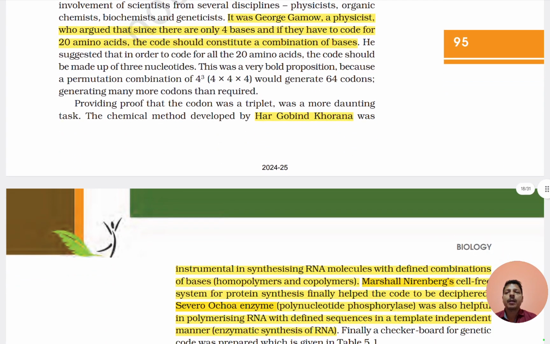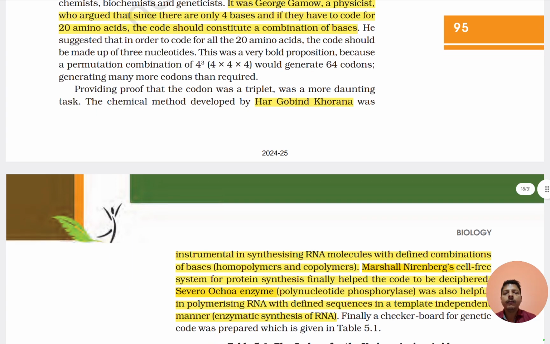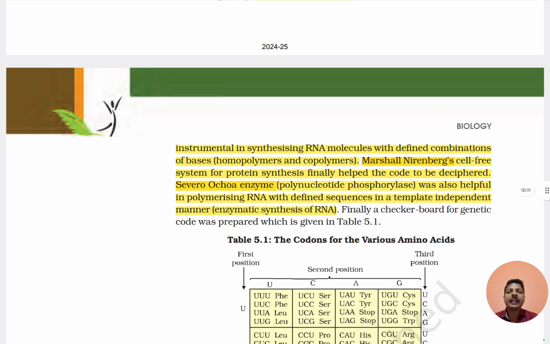Providing proof that the codon was triplet, the scientist Har Gobind Khorana was instrumental in synthesizing RNA molecules with defined combinations of bases, homopolymers and copolymers. Then Marshall Nirenberg came; his cell-free system for protein synthesis finally helped the code to be deciphered, and the enzyme polynucleotide phosphorylase was also helpful in polymerizing RNA with defined sequences in a template-independent manner.